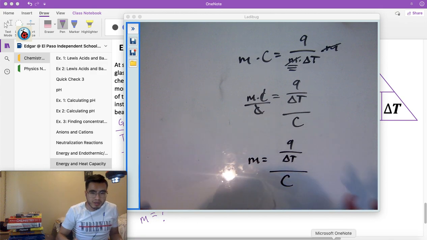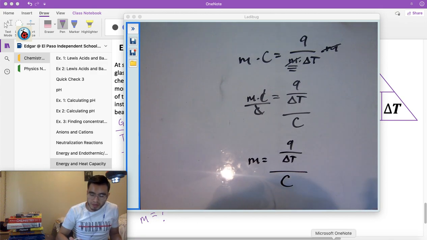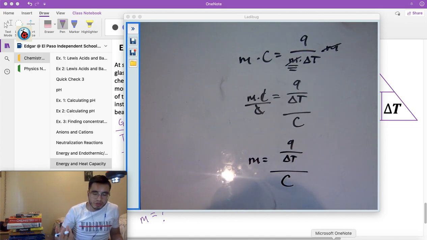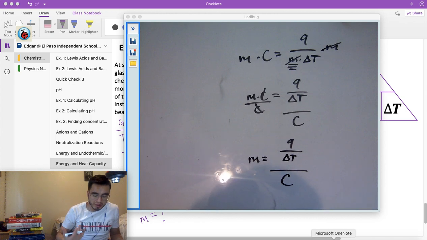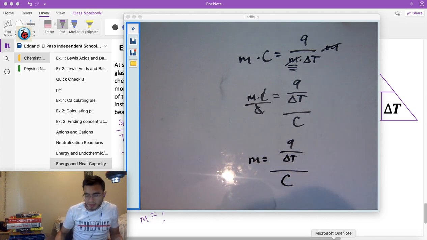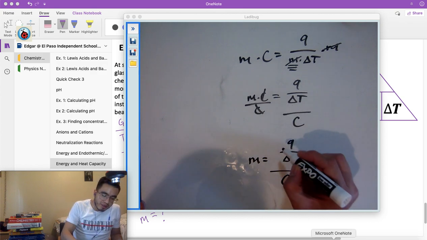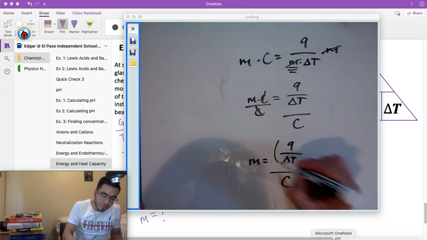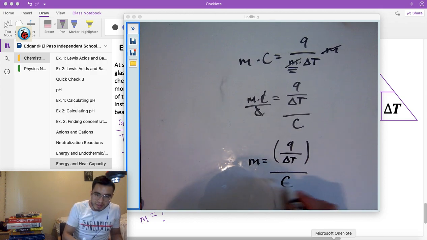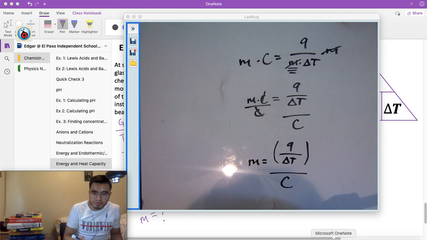You can use the equation like this, but I don't recommend it. This is not elegant, it's not clean, okay? So let me show you what to do to make it look simpler, because you have a fraction and then it's being divided. I'm going to use parentheses over here, because this is one fraction. I'm going to make this C into a fraction.